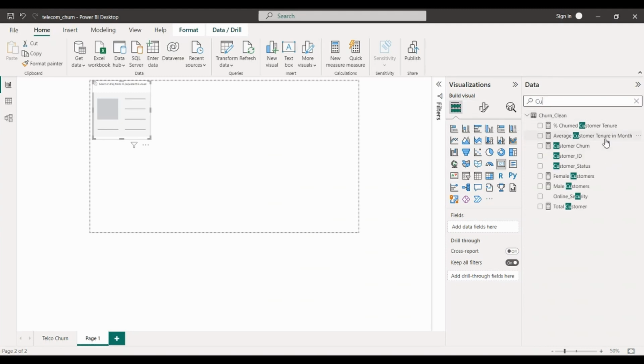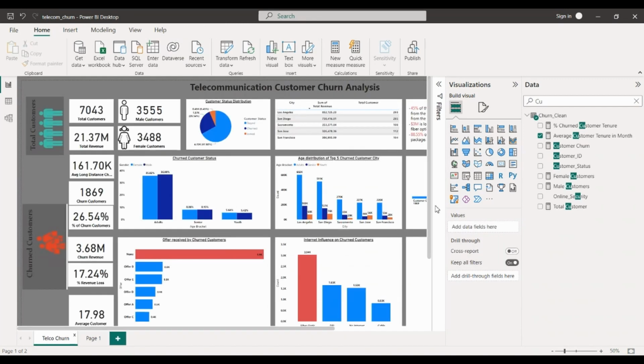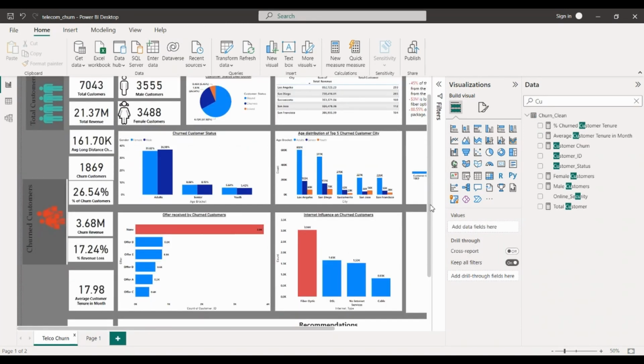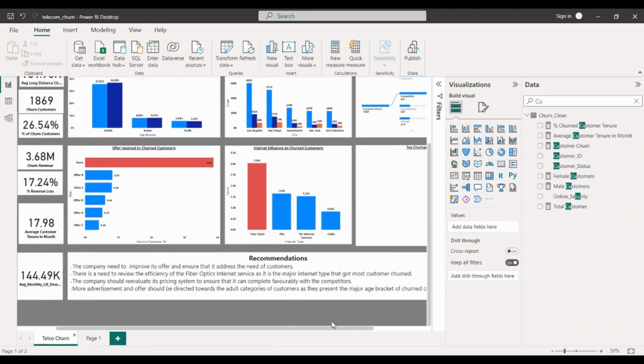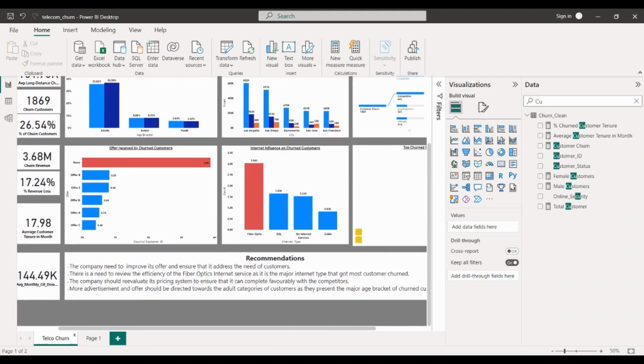So what I did, I added a field and it calculates the average customer tenure in months. It is calculated this way. And in the end, I suggest some recommendations for this company.